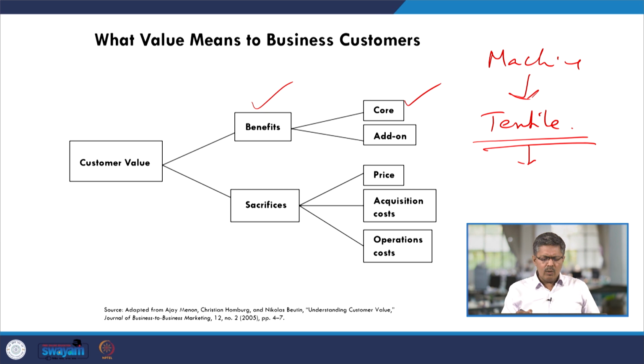Okay. So, what are the core benefits and what are the add on benefits, right. And on top of that, what sacrifices does he make? For example, what price does he pay, what is the acquisition cost, and what are the maintenance and operation costs that he has to bear. So, all this taken together, if the benefit outweighs the sacrifice, then the customer would feel happy.